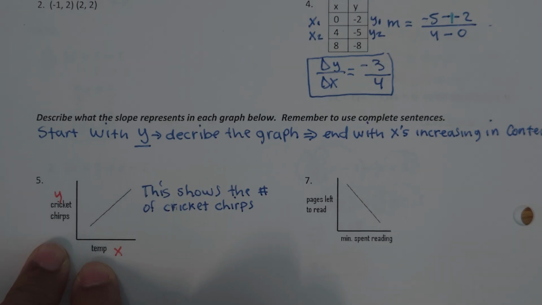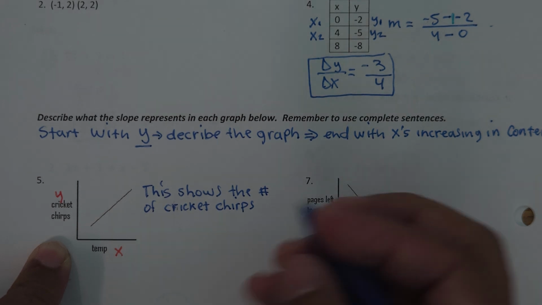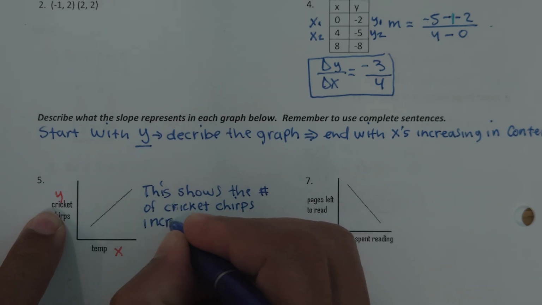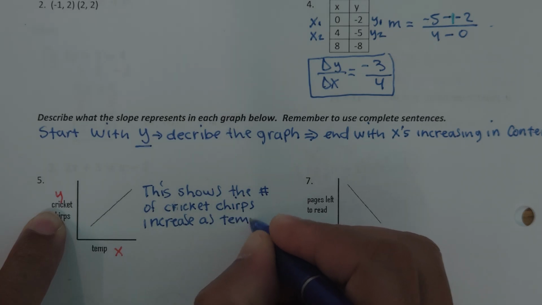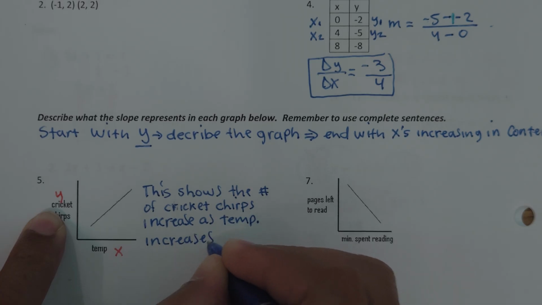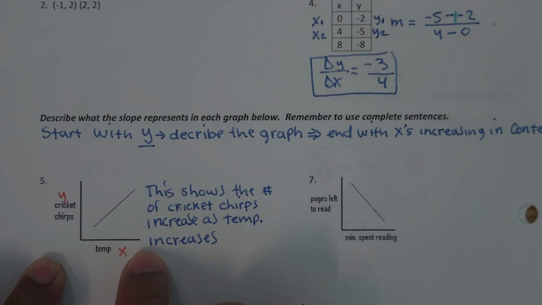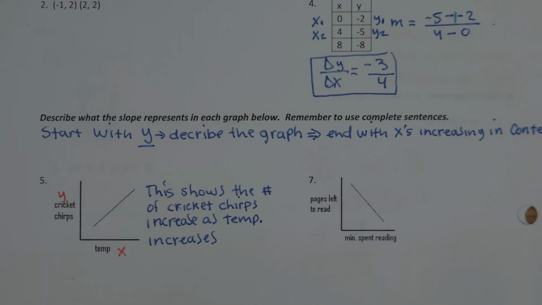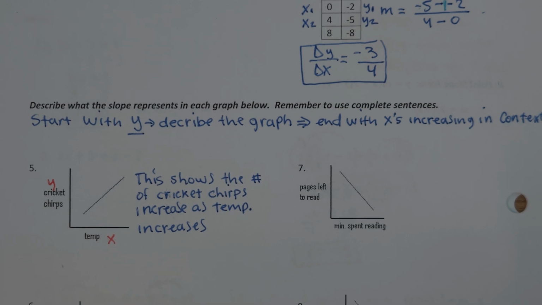As the temperature increases, as this goes to the right, the cricket chirps increase. We see them increasing as the temperature increases. I hope that makes sense. So start by looking at the y: what's happening to the cricket chirps as the temperature increases? As we can see, the chirps increase as the temperature increases. So there's number 5.